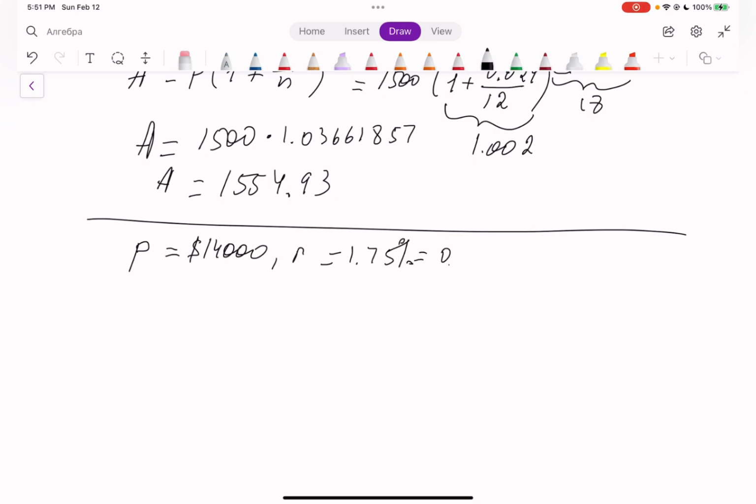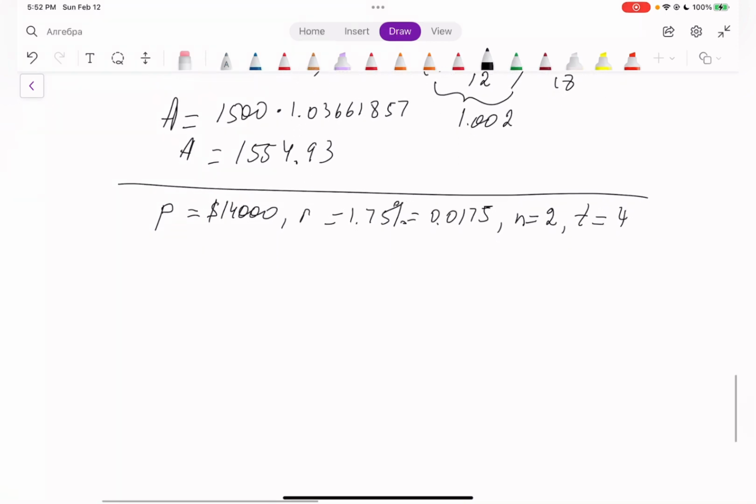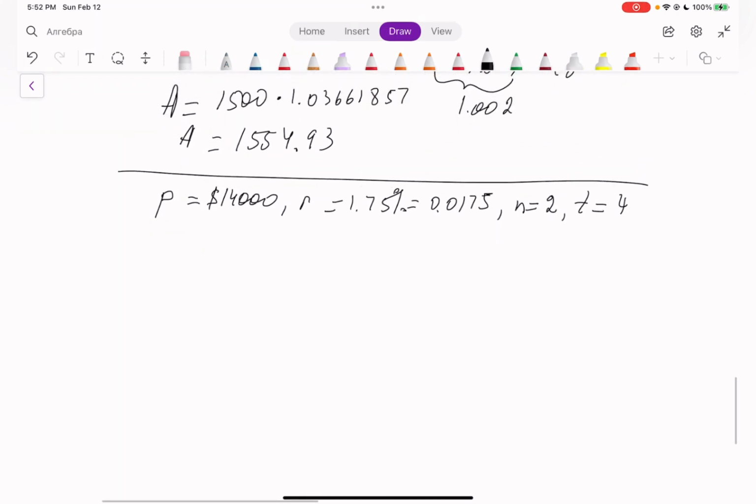That's going to be 0.0175. Okay, now compounded semi-annually, which means n is going to be 2. It's every 6 months. Semi-annually, twice. And the time period is how many? 4 years. Okay, well, let's solve it.